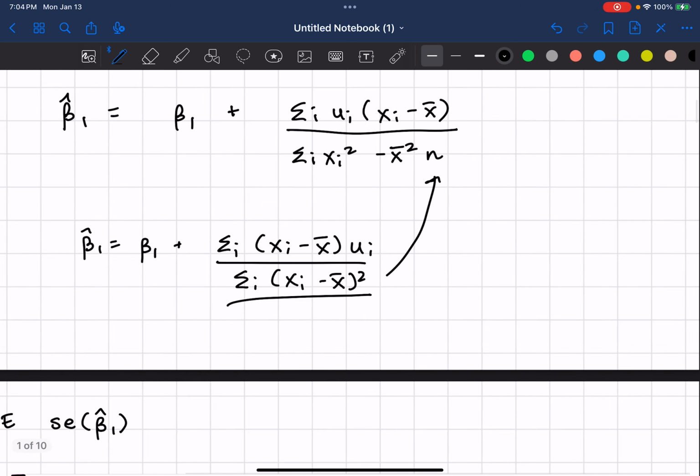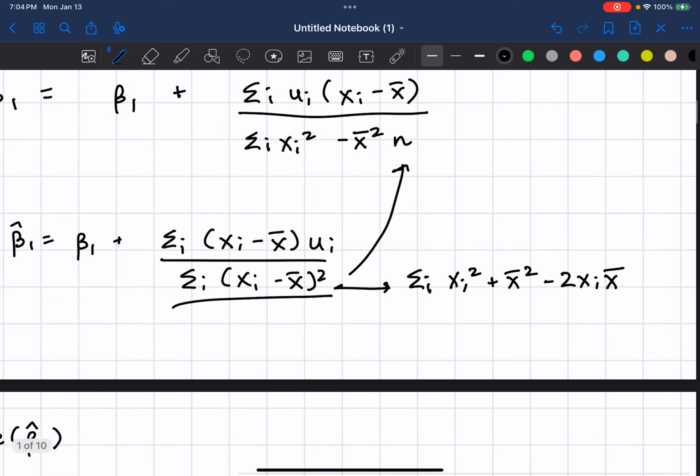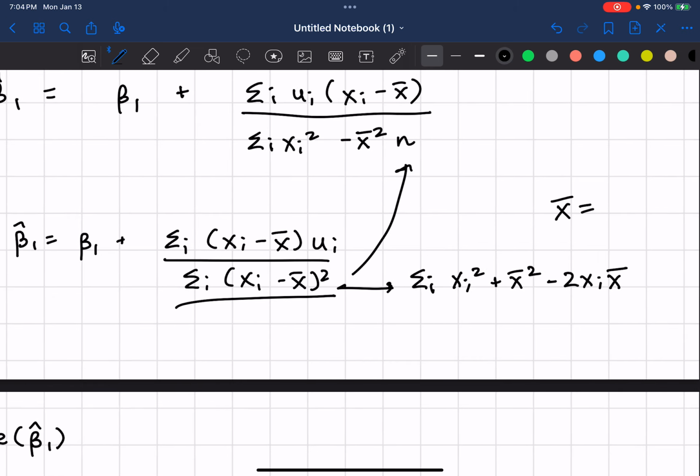If we take this and we FOIL it out, so we get sum I xi squared plus x bar squared minus 2 xi x bar. And then we use the fact that x bar is sum I xi over n. I think that'll help us.